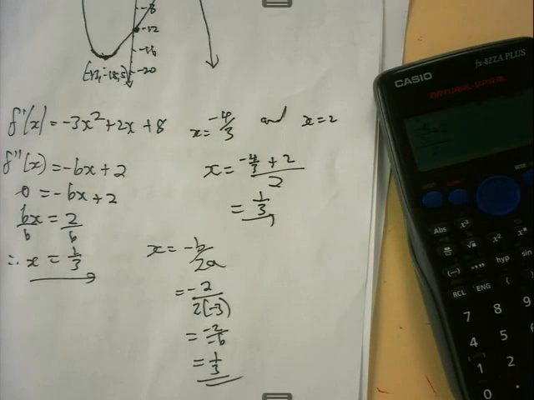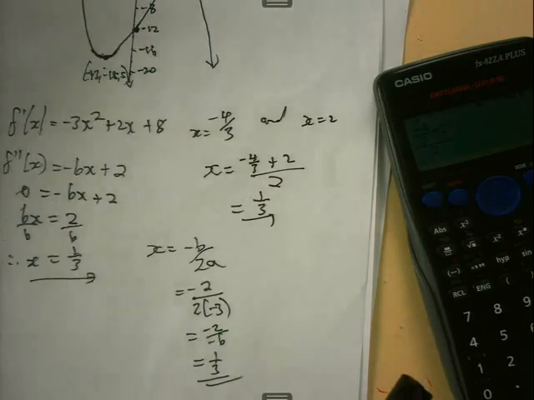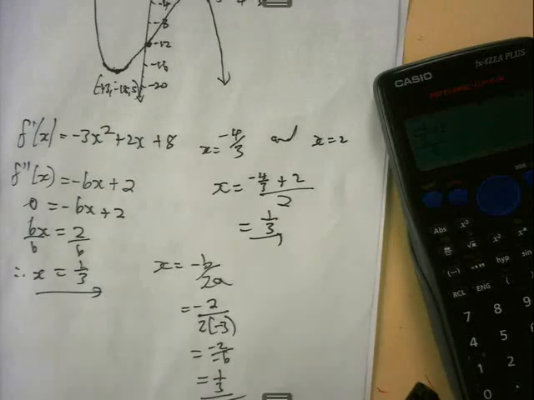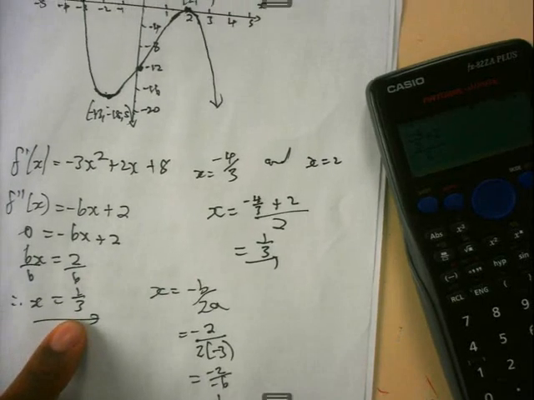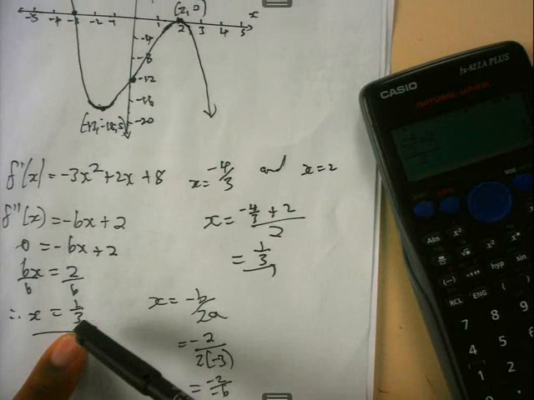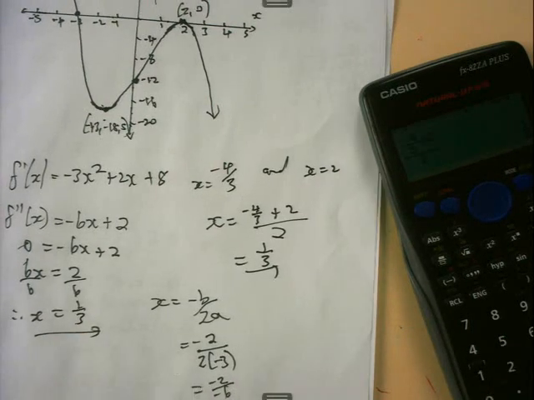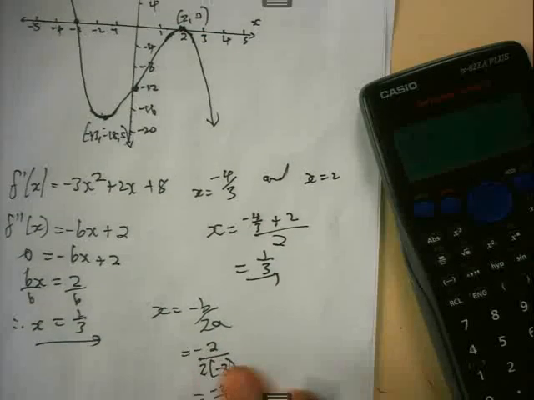These are the options that you can use when determining the x coordinate of the point of inflection. Of course, if the question says determine the coordinates of the point of inflection, it means you must take your x and substitute it in the original equation to find the corresponding y coordinate.